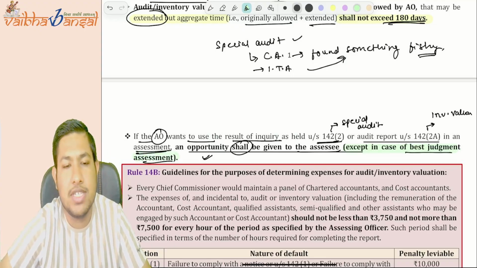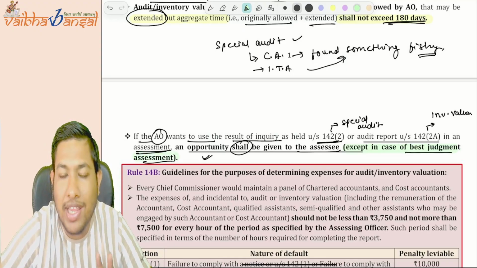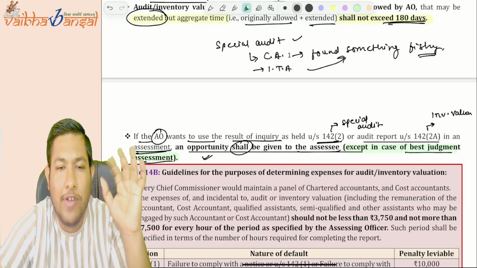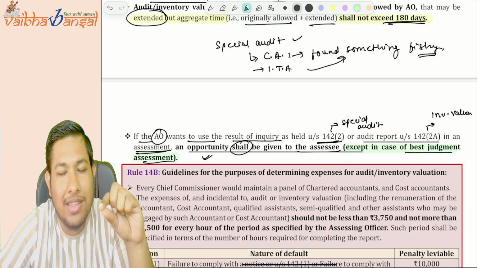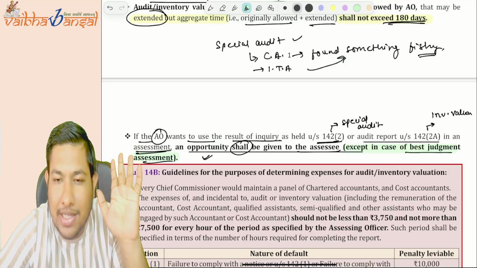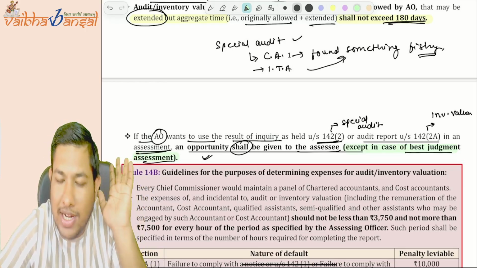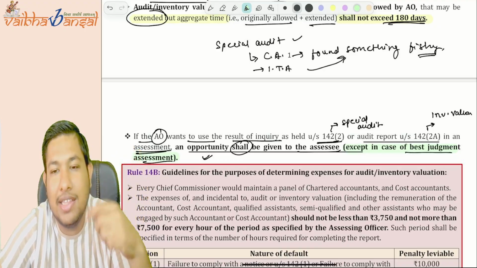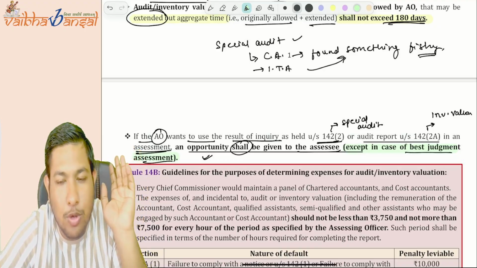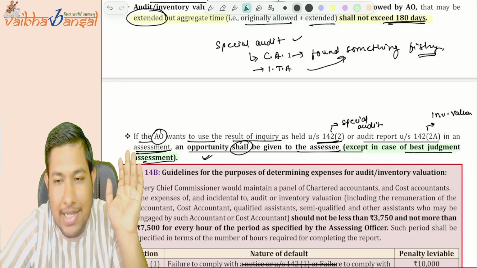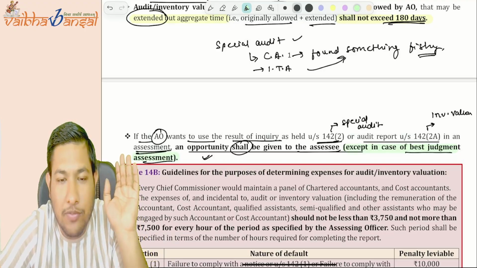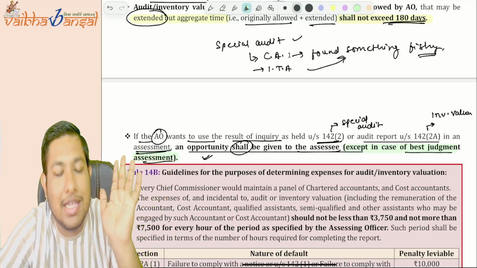Whenever we see best judgment assessment, when can this assessment be opened? You will find it is opened when there is non-cooperation by the assessee. If the assessee has not filed the ITR, then best judgment assessment can be opened, or there can be other reasons as well. In that case, there is no cooperation between the assessee and the assessing officer.